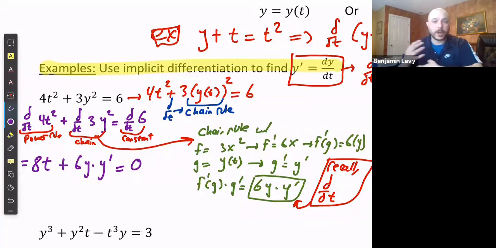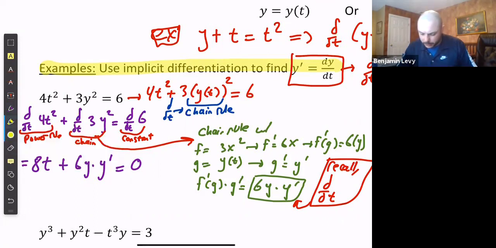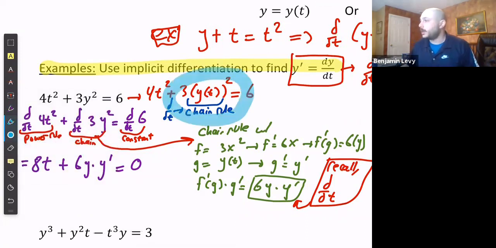So in all of these problems, all the ones on this page, all the ones in the homework, there's y's and t's, and y is a function of t. This is how we're always thinking about this right here. We're thinking about not just y, but it has a t in there. So when we do d over dt, we need to think of it as a function.